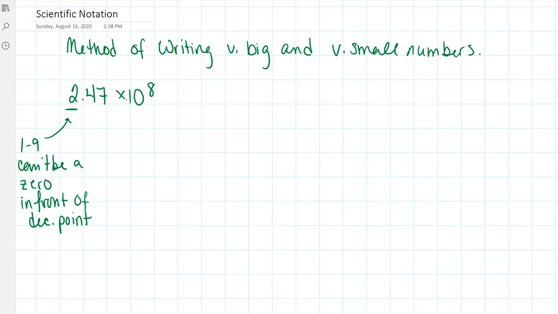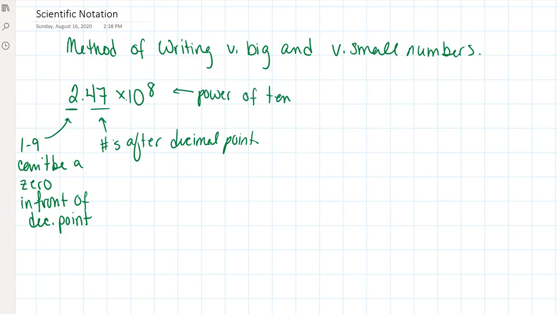Then we have the rest of our setup with the numbers after the decimal point. We're going to take a look at this a little bit more in depth in our next chapter when we talk about significant figures. And then lastly, on the end, we have our power of 10.